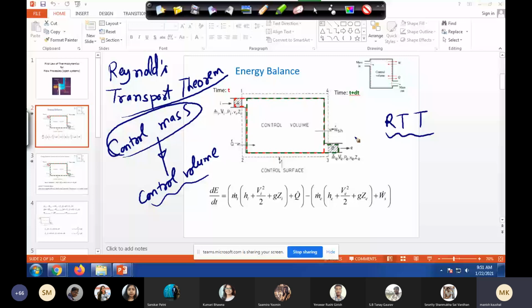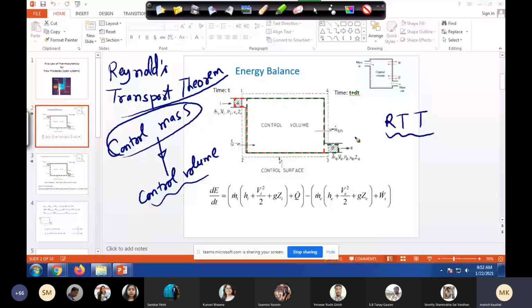Very nice derivation, similar to the derivation I am doing today. That is more generic, but I don't want to go there. I'll just write down what this RTT says. Now this confusion is clear.